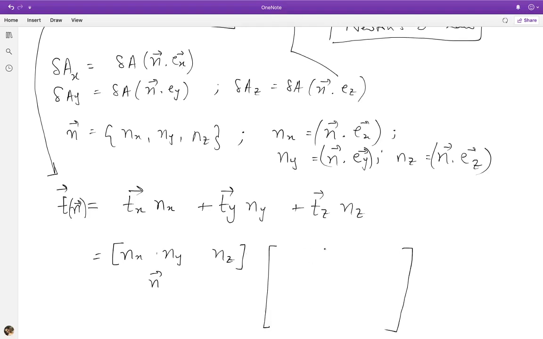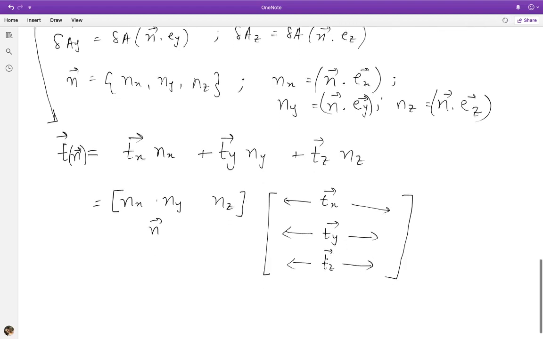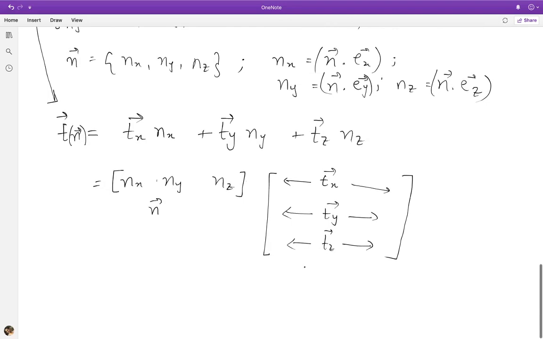If I create a matrix out of the three component vectors tx, ty, tz, then what I've done on top is nothing but the row multiplication of the vector n with the matrix formed by the stress vectors tx, ty, tz.